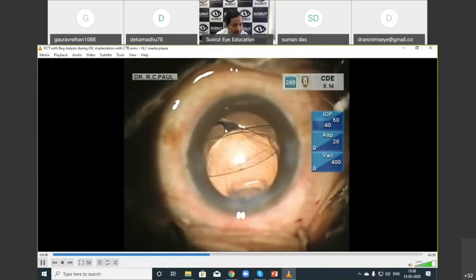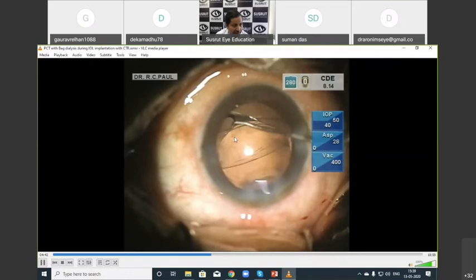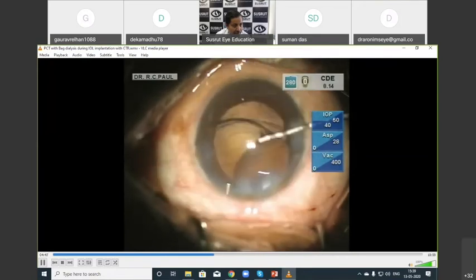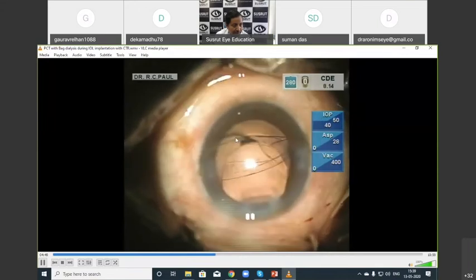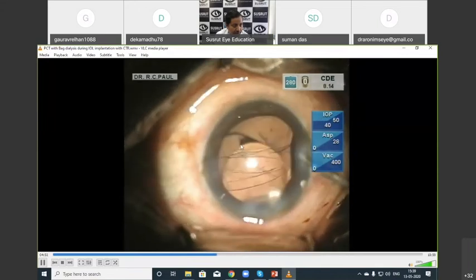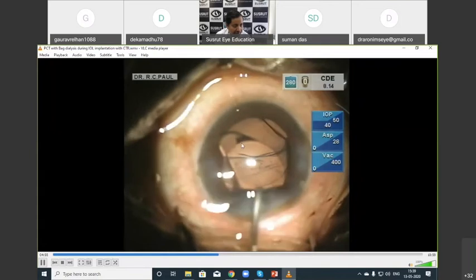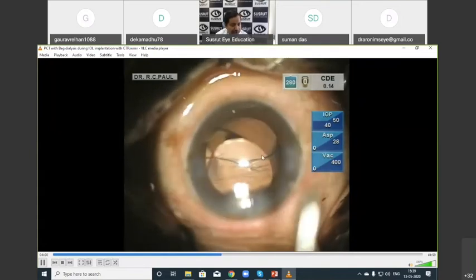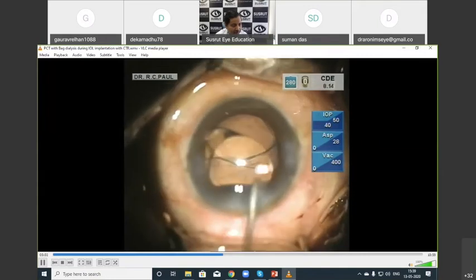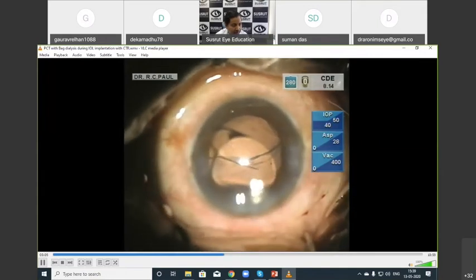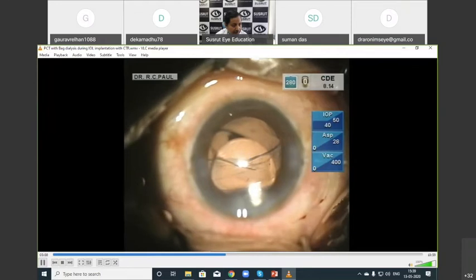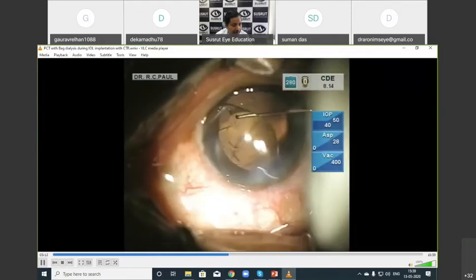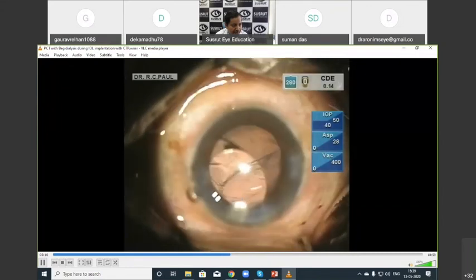So one haptic is outside the capsular bag. So the first attempt we are trying to retrieve the IOL, maintaining the pressure. But because we give some OVDs, this disinsertion is going to increase a little bit more. So it's a kind of manual stretching of the capsular bag.